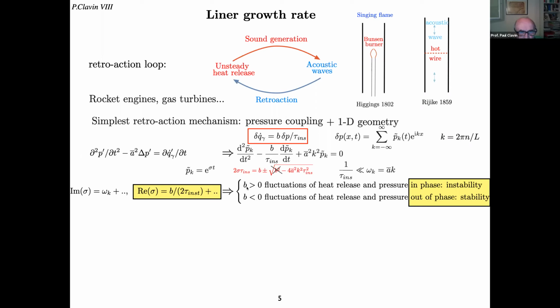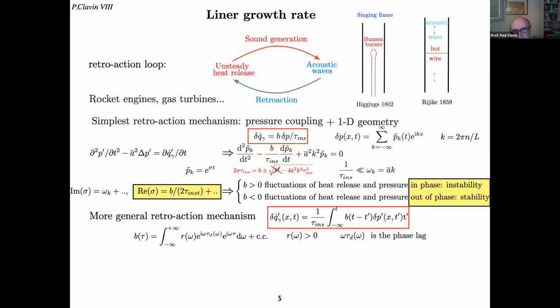If B is positive, the fluctuations of heat release and pressure are in phase, and in that case you have an instability. So as soon as the heat release fluctuates in phase with the pressure, you have an instability. This is called the Rayleigh criterion. And in the opposite case, you are stable.